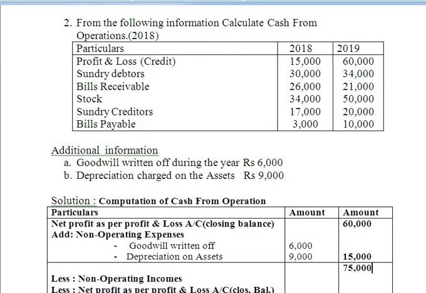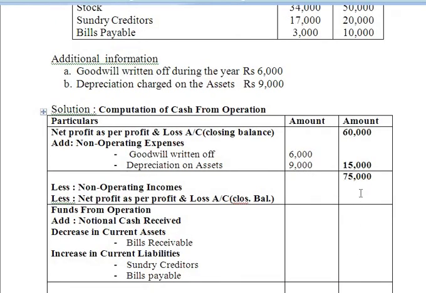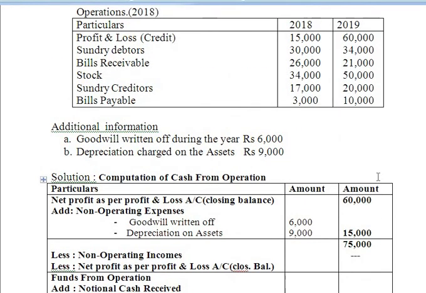Next, less non-operating incomes, but we don't have any non-operating incomes given in the problem. So next line put a dash. Next line is opening net profit. Now check in the problem how much is the opening net profit. It is 15,000.